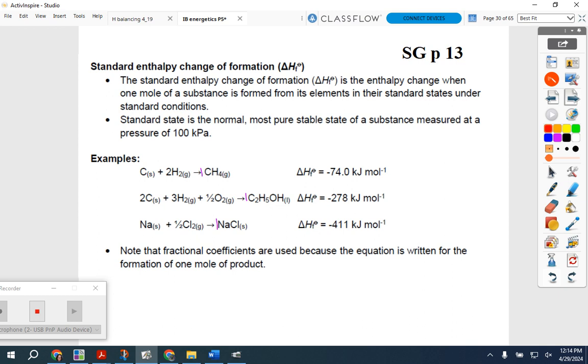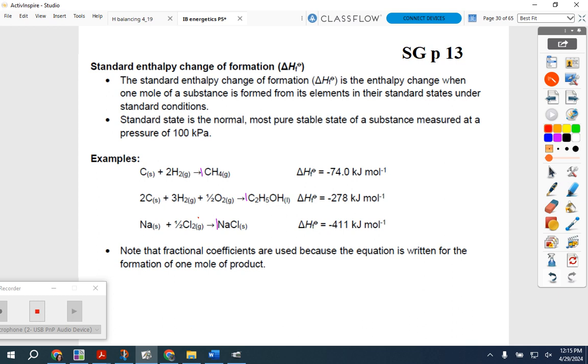And I believe we started talking about the fact that enthalpies of formation are always pegged to 1 mole of the product. So we're using a balanced equation, but the coefficient of the product that we're making is always 1, which means that sometimes we're going to end up with halves as our coefficients, which you've learned in the past we never do, except that sometimes we do it, and this is one of those times, okay?